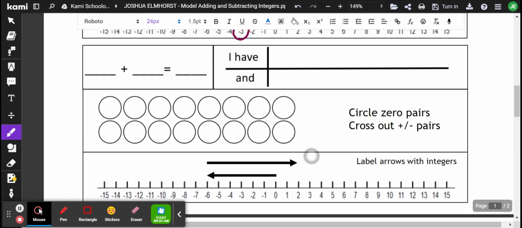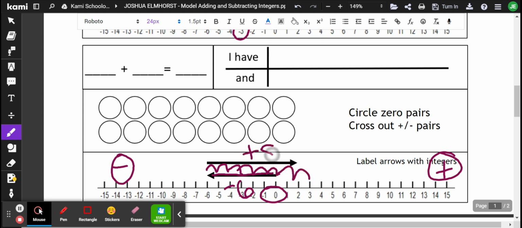So this one, the given model is starting on the number line. Starting at 0, first we're going to go negative 6. We're going to go in the negative direction, and then we turn around and go in the positive direction. So the first thing we have is 6 negatives, and then the second thing that we have are 8 positives.